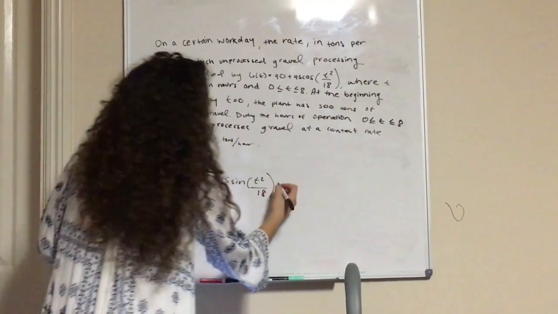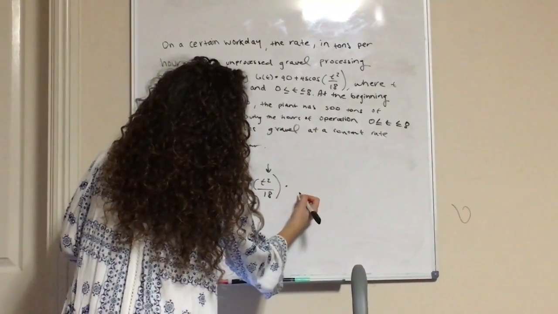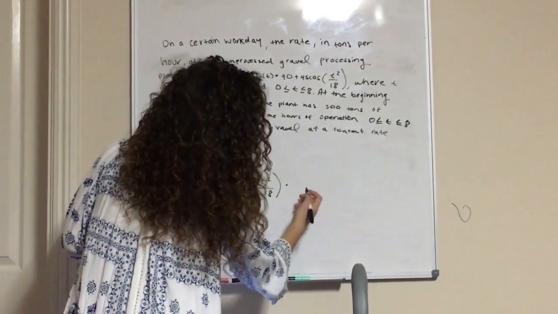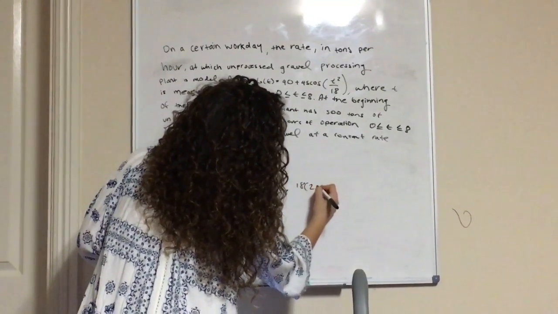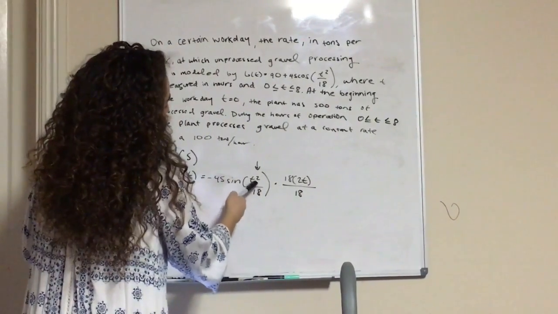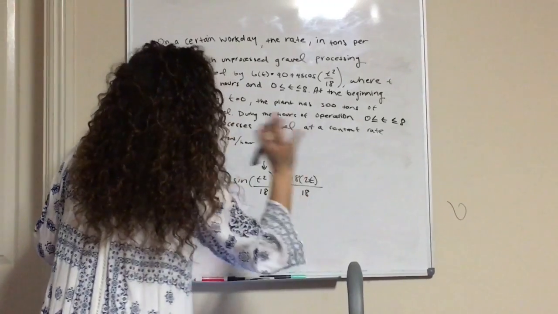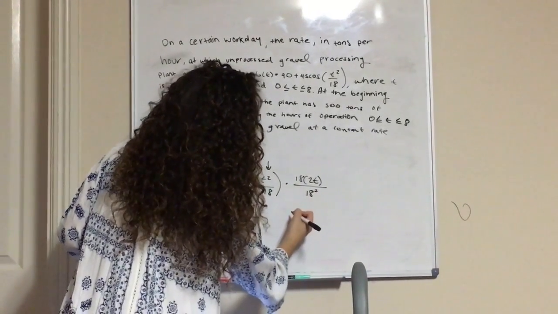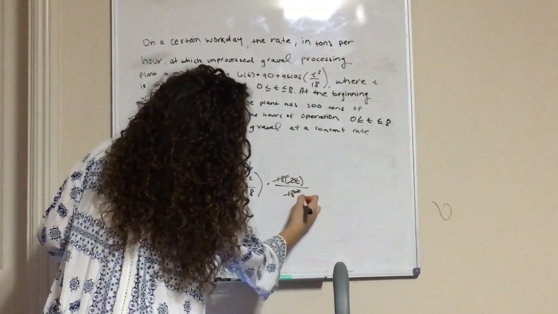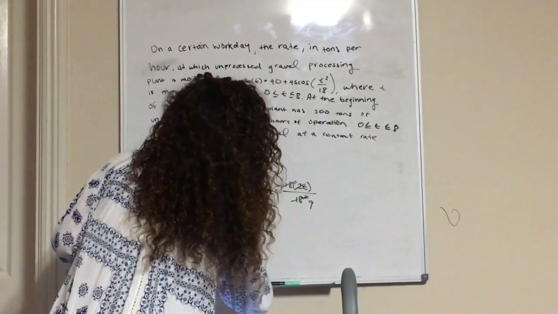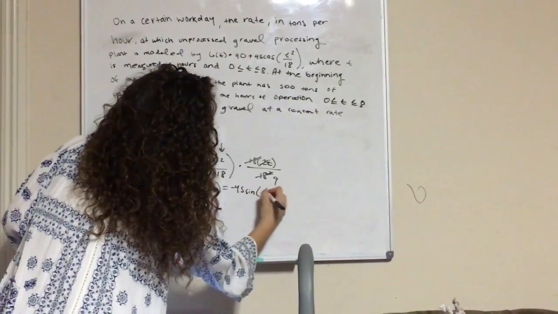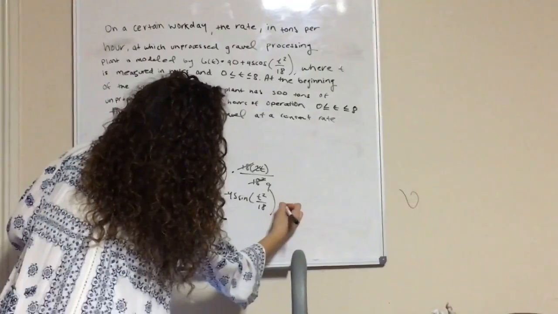And then we do the chain rule, so you do the derivative times the derivative of the inside, which is low d high minus high d low, which is low d high, so 18 times 2t over 18 squared, because the derivative of the high is 0, so you're subtracting 0, so it doesn't really matter. Oh, this is squared. And then you can cancel this out, so you have 1/18 now. Now you have a 9. So then the final product is G prime of t equals negative 45 sine of t squared over 18 times t over 9.